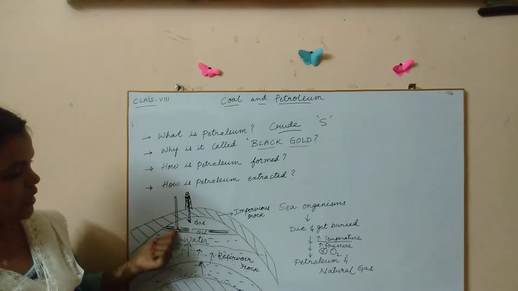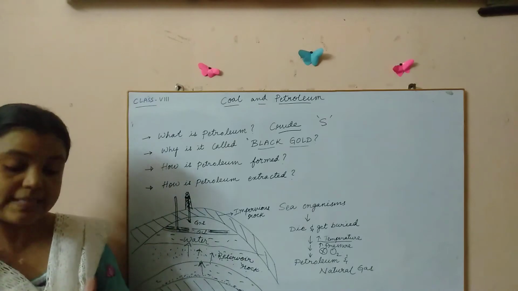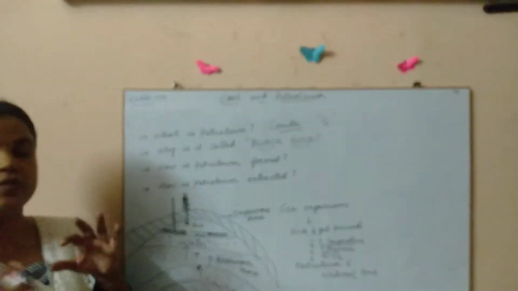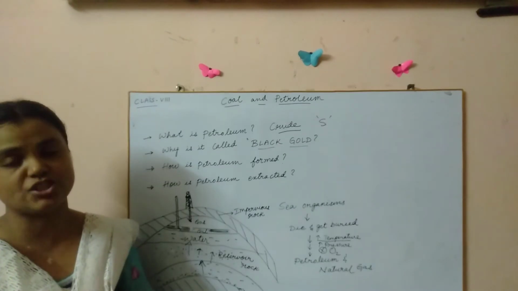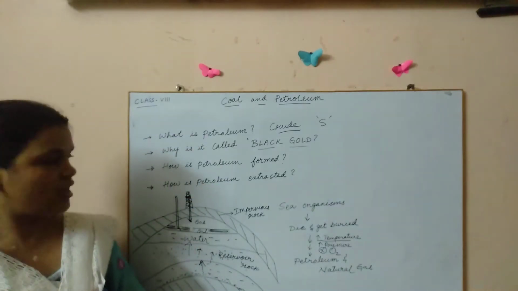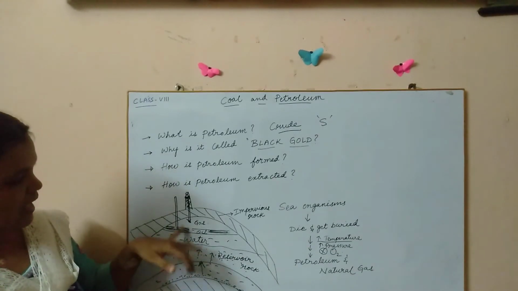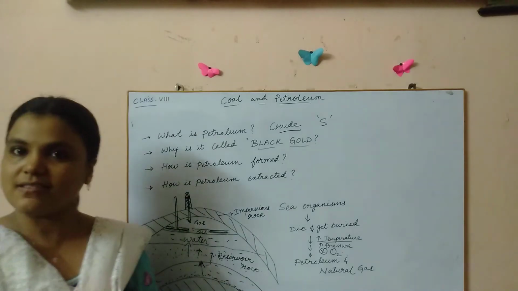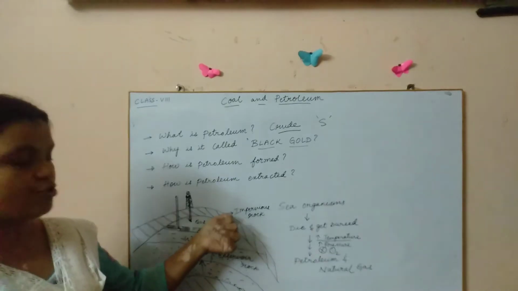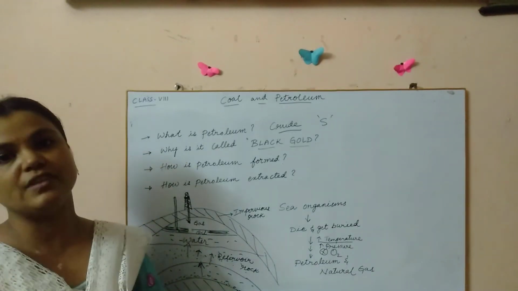First the gas comes out with a lot of pressure, and then oil oozes out. So this is how oil and natural gas is extracted after drilling through the impervious rock.